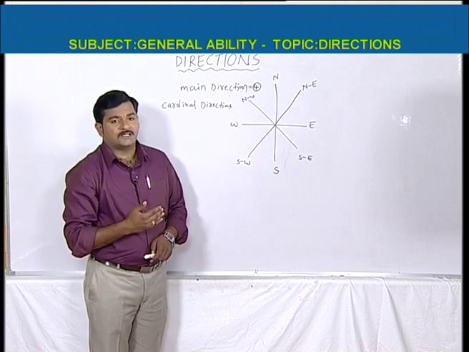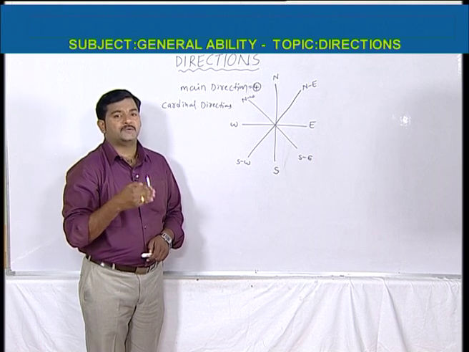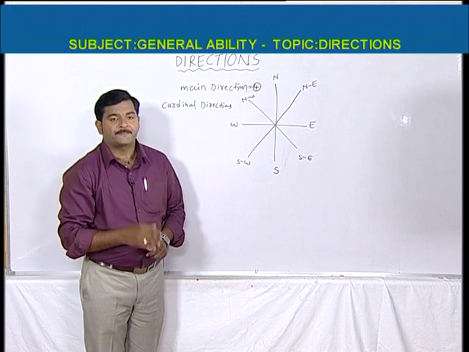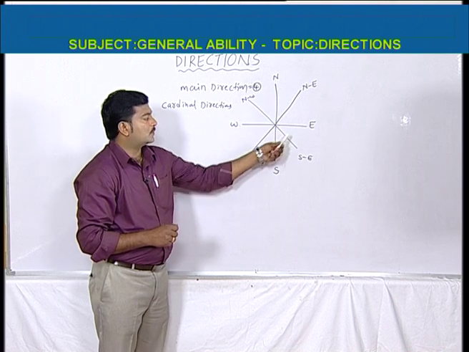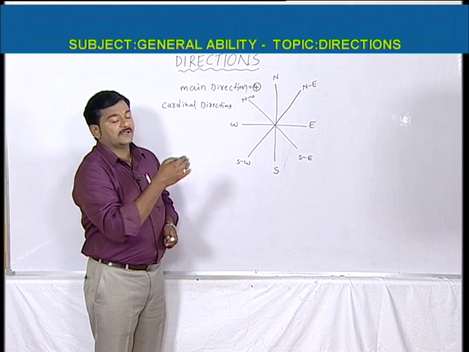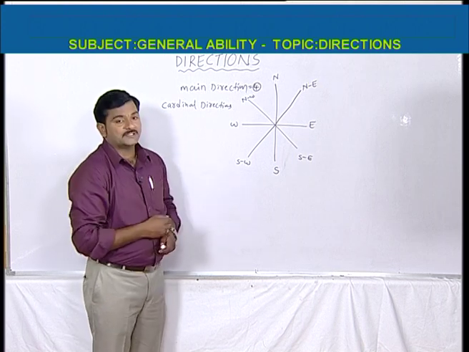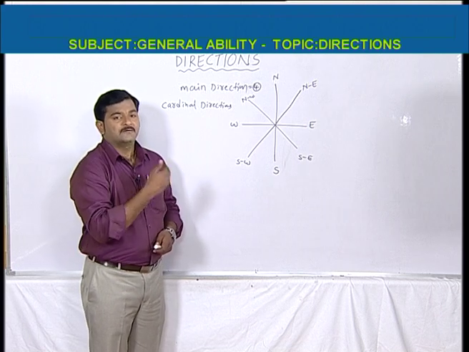If you take the angle between any two consecutive main directions, it is always equal to 90 degrees. I repeat: the angle between any two consecutive main directions. What does it mean? The angle between north and east is 90 degrees. The angle between east and south is 90 degrees. Similarly south and west is 90, as well as west and north.